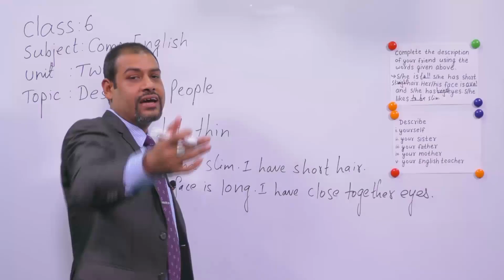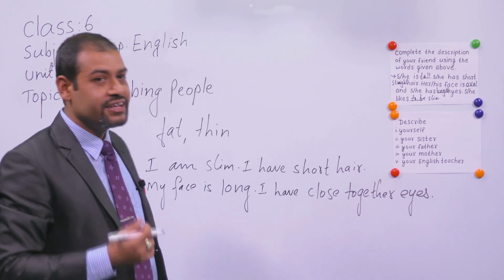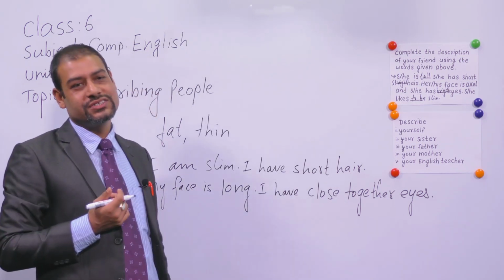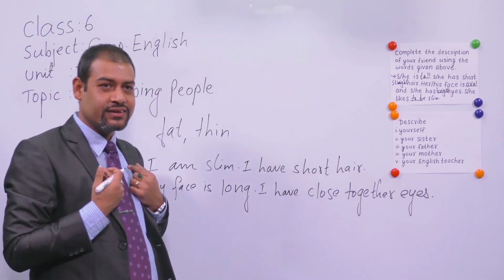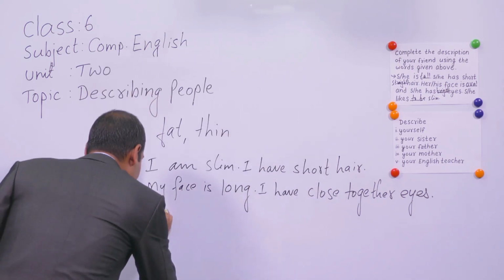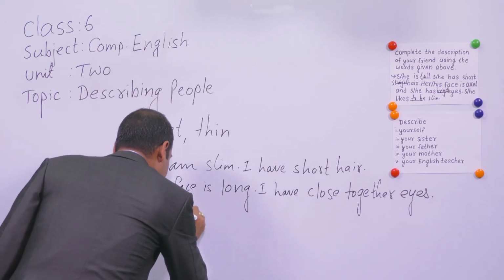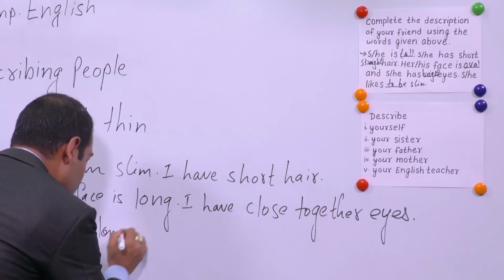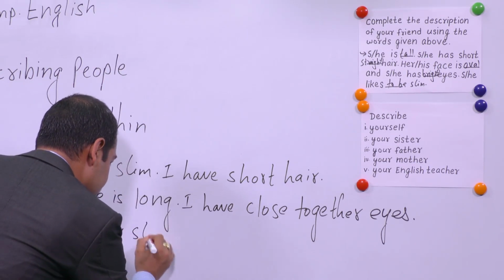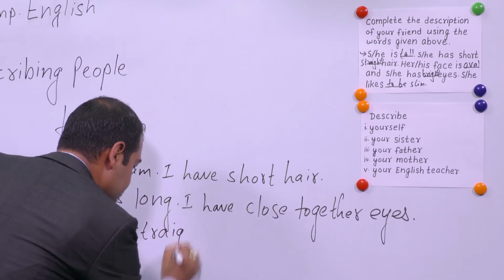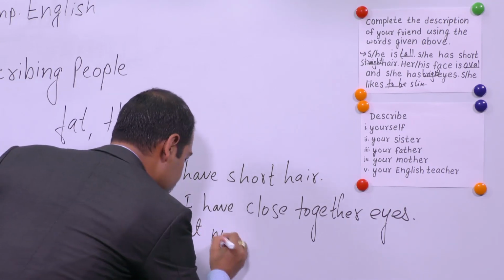And what type you have, you can write down. And then you can write about nose. What type of nose do I have? For example, I can write down, I have a long, straight, S-T-R-A-I-G-H-T, straight nose.